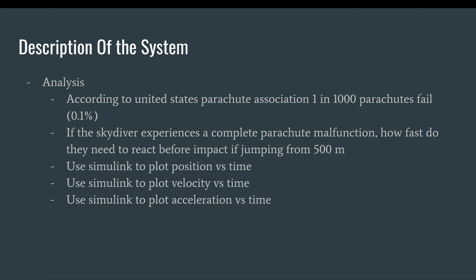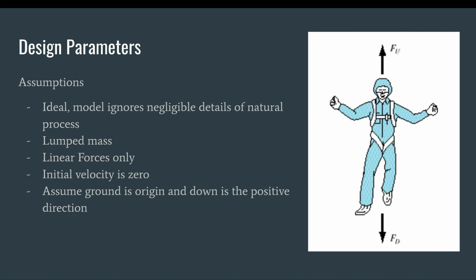So what we are going to do is use Simulink to plot the position, velocity, and acceleration versus time. Some assumptions we made here for the design parameters. This is going to be an ideal case, as the model ignores negligible details of natural processes. So obviously no relativity.